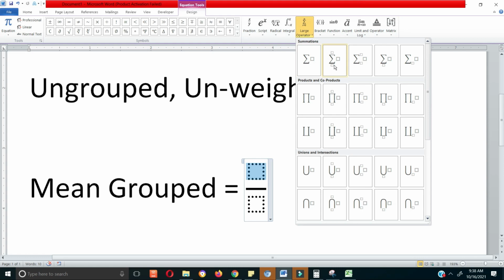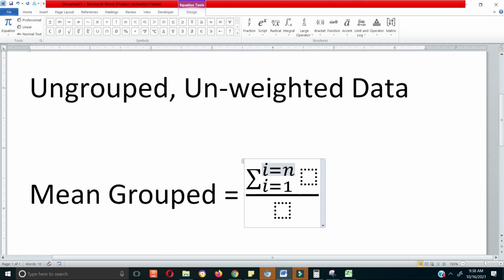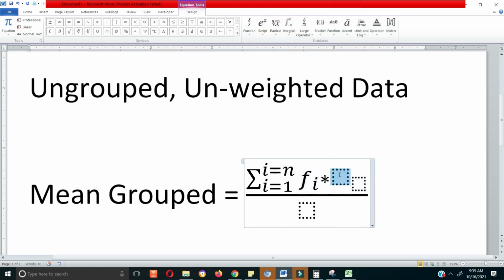We need a large operator, so from i equals 1 to i equals n. So the summation of the frequency of the ith group times the middle value, whatever we consider times the middle value, over the total frequency.